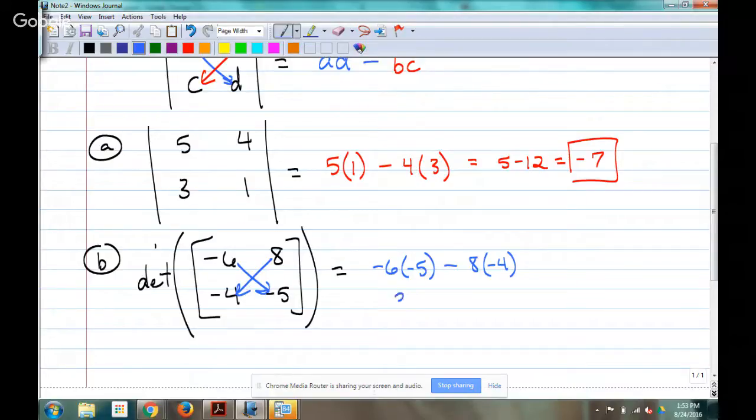That's going to be 30 plus 32. Negative times negative is positive. A minus negative 32, double negative, plus plus. That's always been the case. So positive 62.